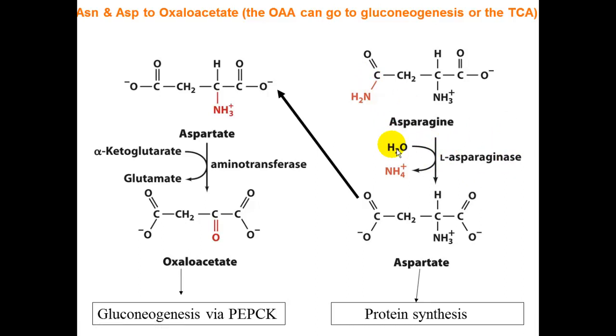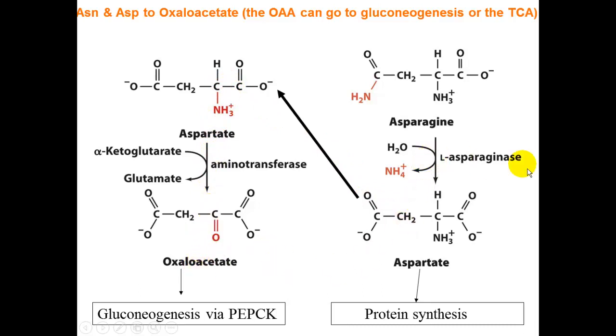So arginase does kind of the same thing. Here, asparaginase is going to hydrate this bond right here, cleave off an ammonium ion, and that ammonium ion can go get incorporated into the urea cycle. The asparagine that is deaminated via asparaginase gets converted to aspartate. That can participate in the urea cycle, or that aspartate can participate in gluconeogenesis.